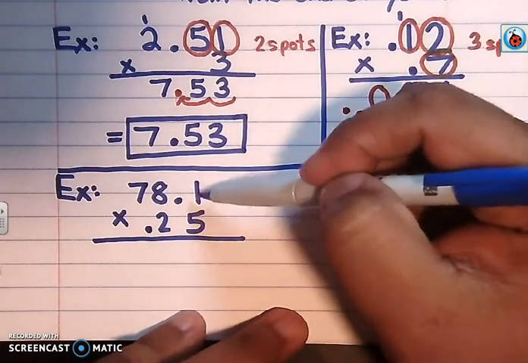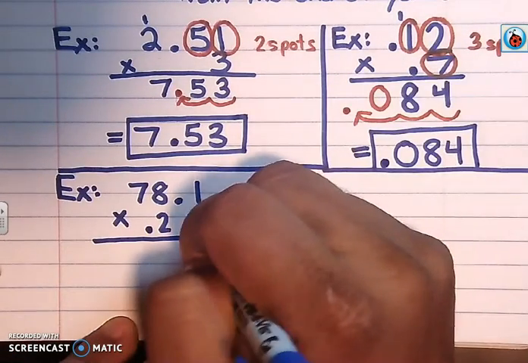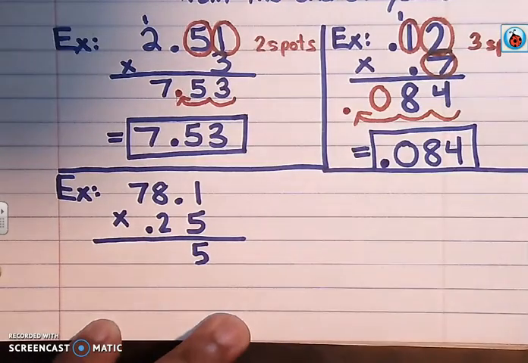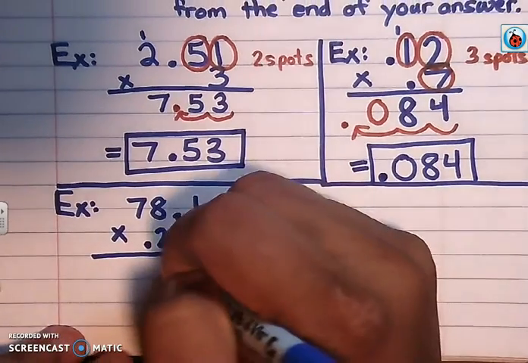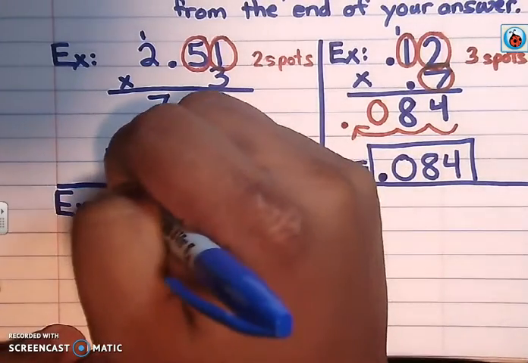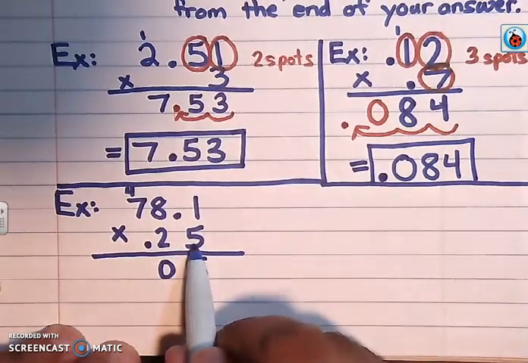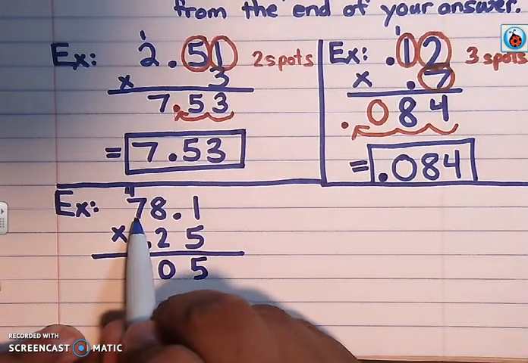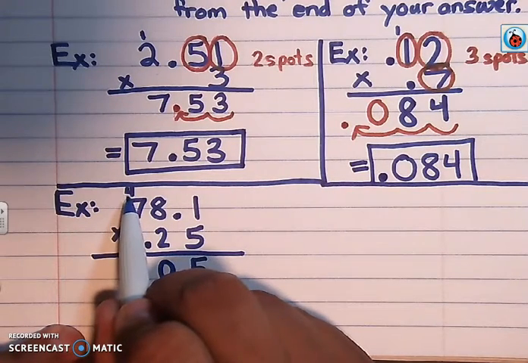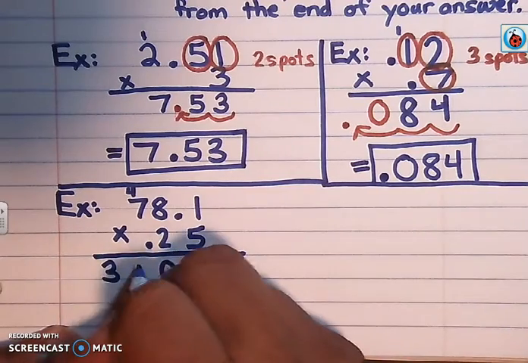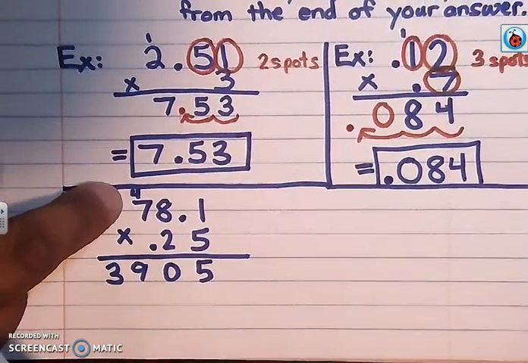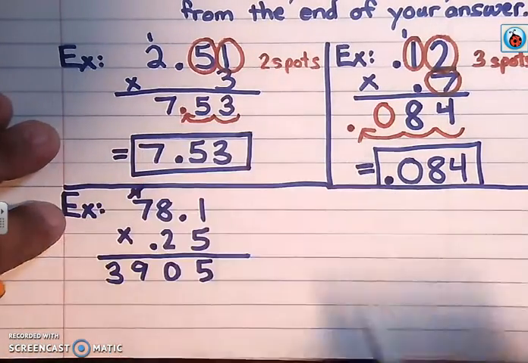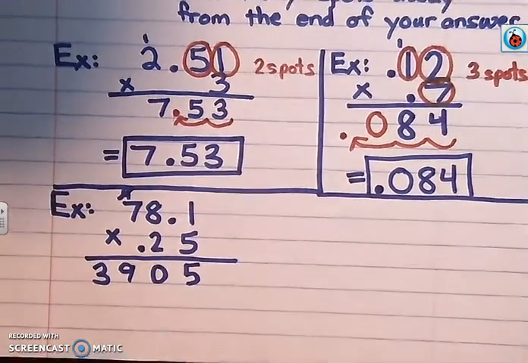We have 5 times 1. 5. 5 times 8. 40, carry the 4. 5 times 7. 35 plus the 4. 39. Okay, so I used that little 4 that we brought up here. Because I don't want to get confused later on, I'm going to go ahead and scratch it out so I don't use it again.